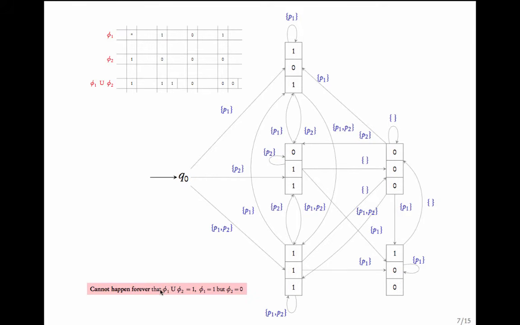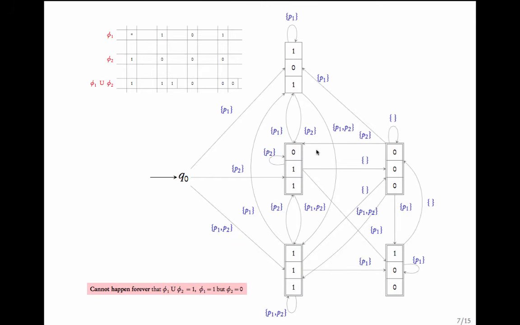Note that the condition says that it cannot happen forever that phi1 until phi2 is 1, phi1 is 1 but phi2 is 0. Now how do we eliminate words of this form? Here we will make use of accepting states.